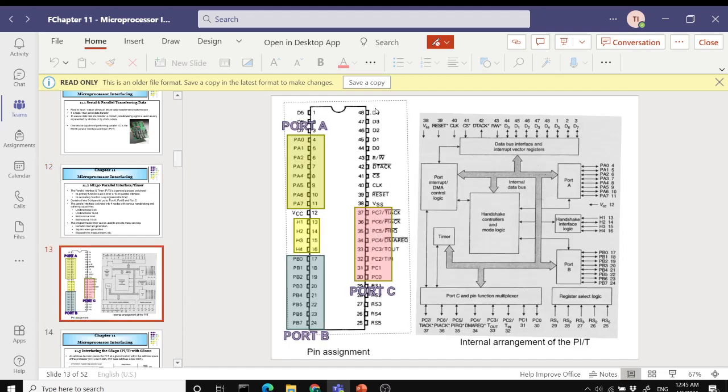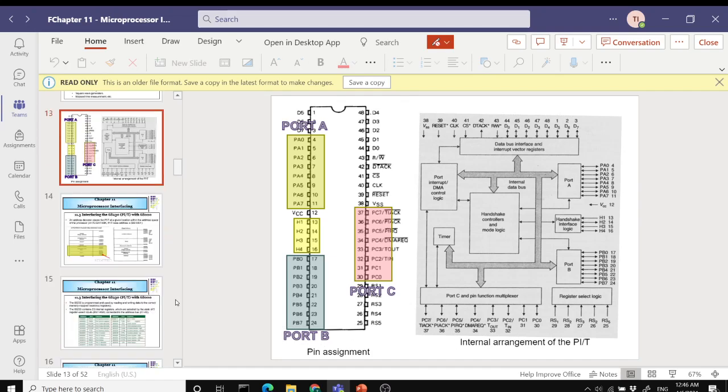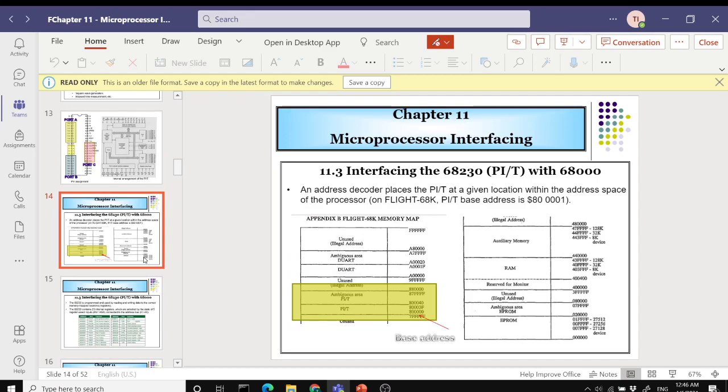So this is the pin assignment of the 68230 PIT, and this is the internal arrangement of a PIT, as you can see. Similarly, if you want to interface this PIT with your 68K, we are using what we call a memory map. Memory map interfacing is like how you interface your input output and your memory to your 68K.